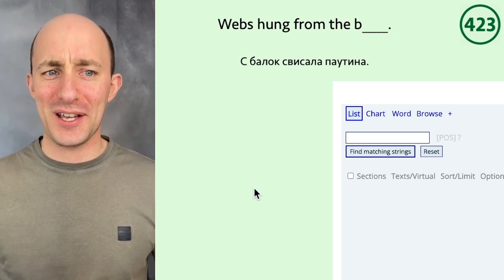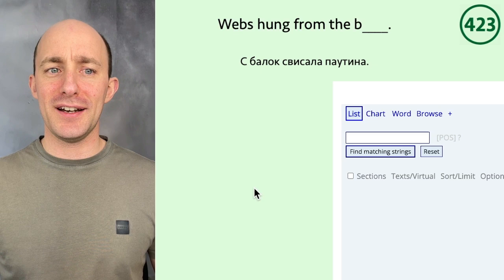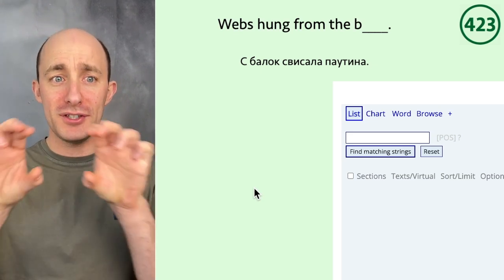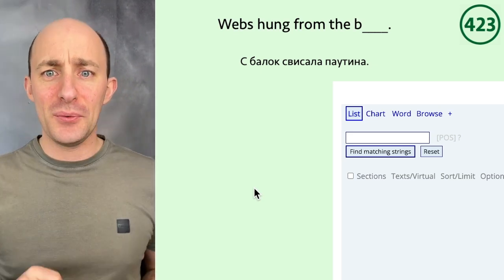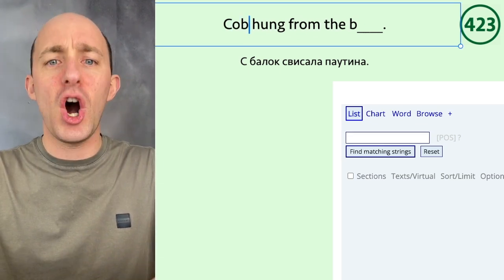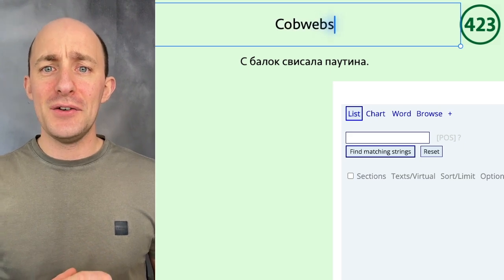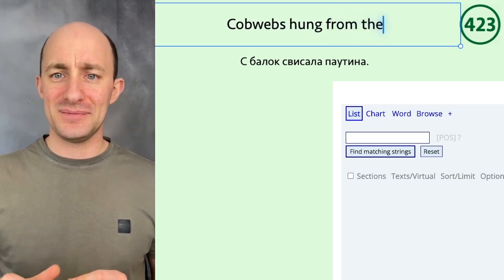The next word, this really is advanced vocabulary. So you imagine you're in the loft and there are these beams with webs hanging. I don't want it to be webs, I want it to be cobwebs, actually.